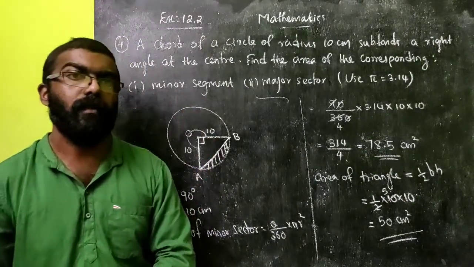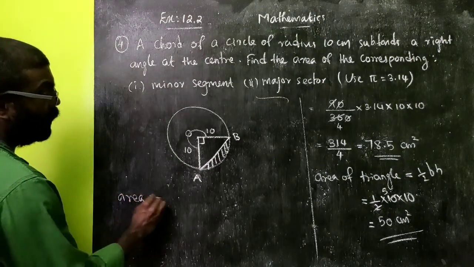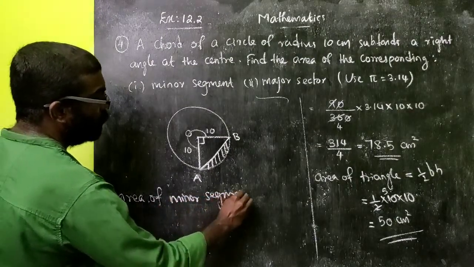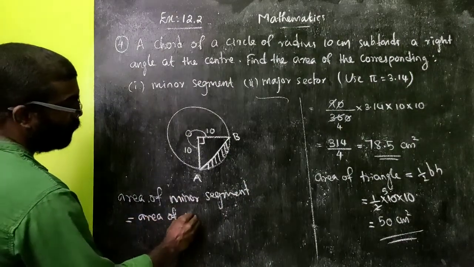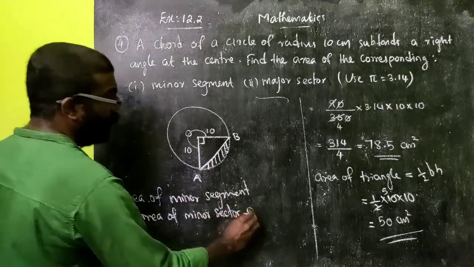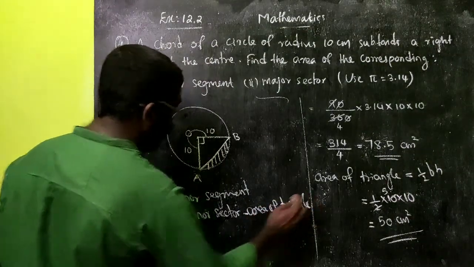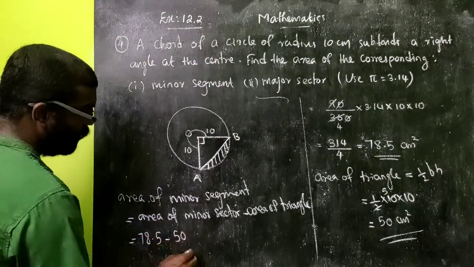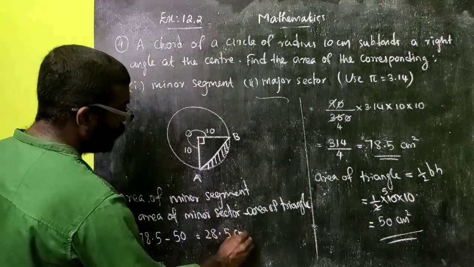Minor segment. So here we can write area of minor segment is equal to area of minor sector minus area of triangle, and which is equal to 78.5 minus 50, which is equal to 28.5 centimeter square.